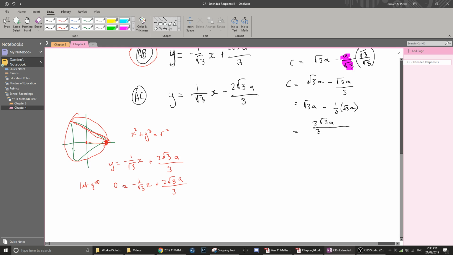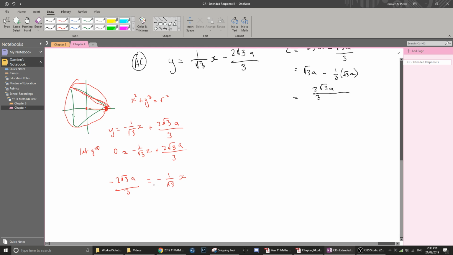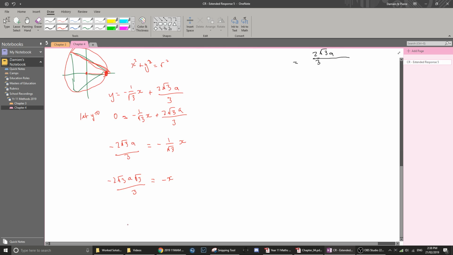So we get 0 equals, and now we just need to solve for x, which takes a little bit of work, of course. So we get -2 root 3A on 3 equals -1 root 3x. So multiply by root 3, we get -2 root 3A root 3 on 3 equals -x. Root 3 times root 3 is the same as root 3 squared, which is just going to be 3.